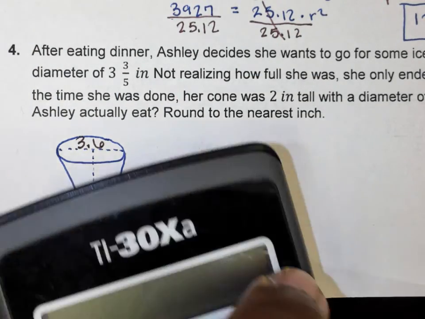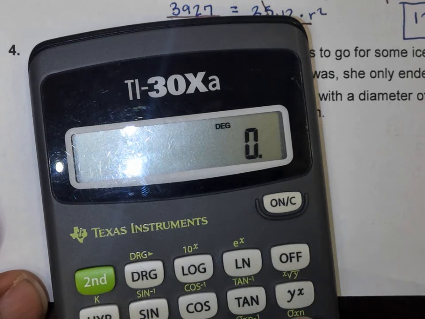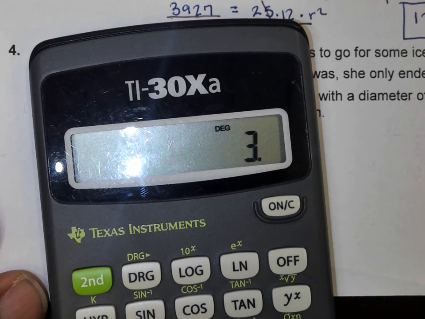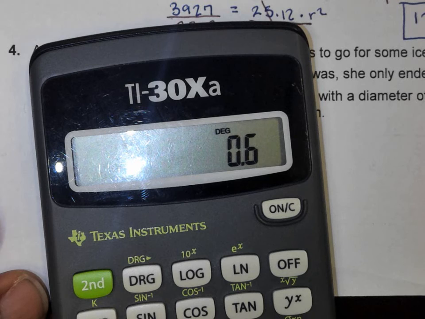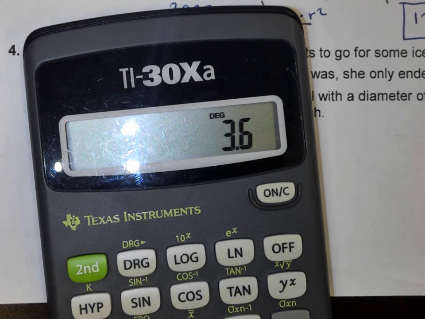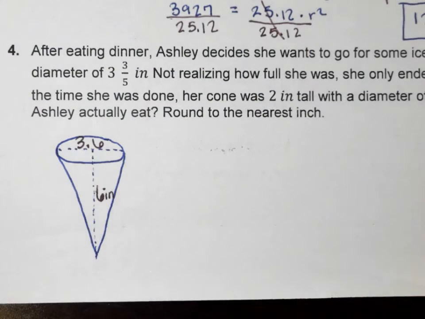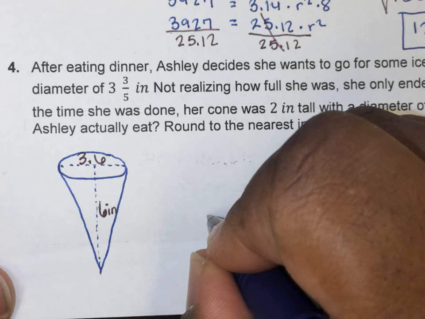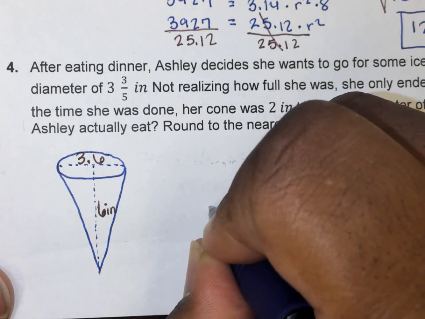Make sure you're paying attention if you don't know. Calculator. 3 divided by 5, the fraction. You're going to get 0.6. Add the whole number onto it. 3.6. You're welcome.